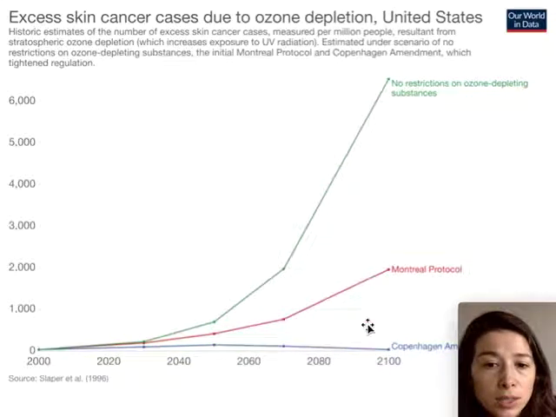And then here's another agreement that occurred where the restrictions were even more severe, and we can see here that ideally there would be no change to the incidence of skin cancer whatsoever.